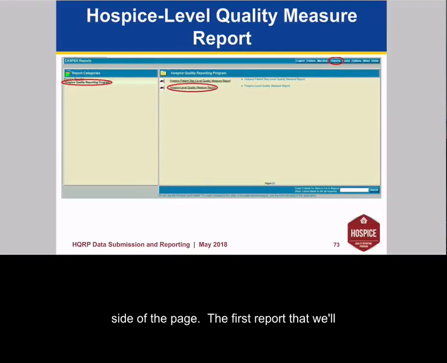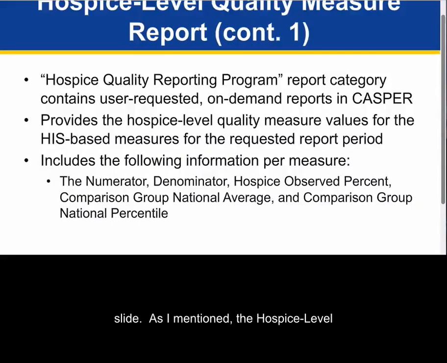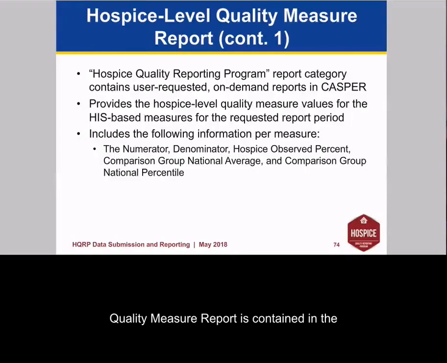The first report that we'll review is the Hospice-Level Quality Measures Report, and that's been highlighted on this slide. As I mentioned, the Hospice-Level Quality Measure Report is contained in the Hospice Quality Reporting Program Report category.